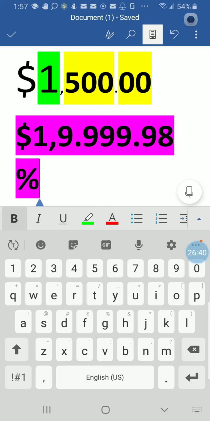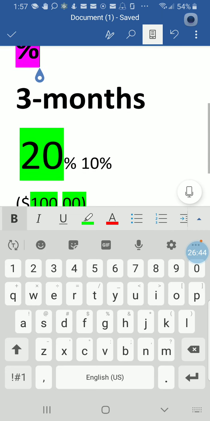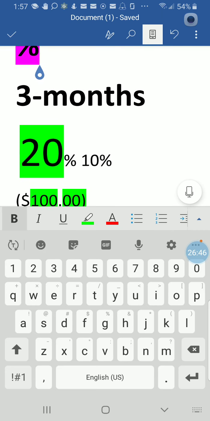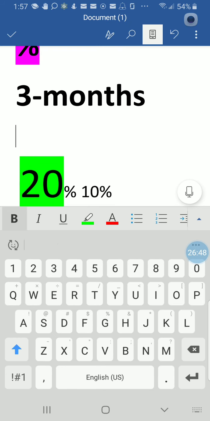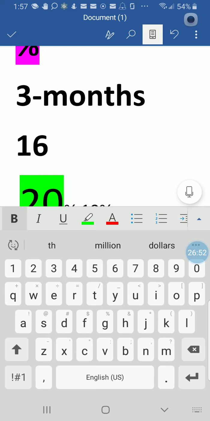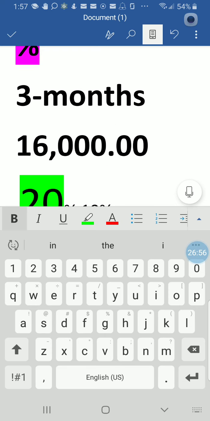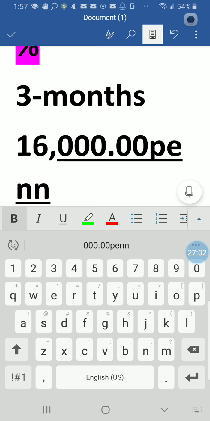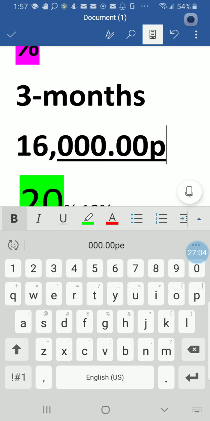If I've done the calculations, how many pennies would that be worth? I haven't done the math yet, but I would say it would be 16,000. About 16,000 pennies is equal to, so I'll put P right there for pennies.